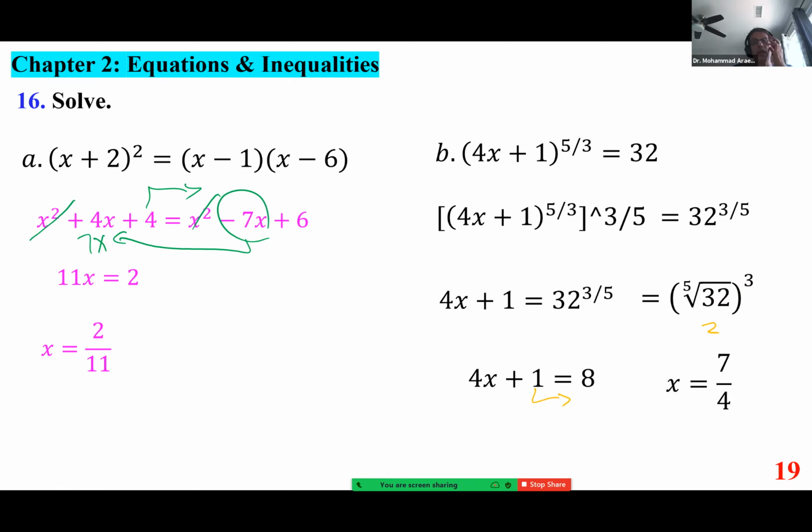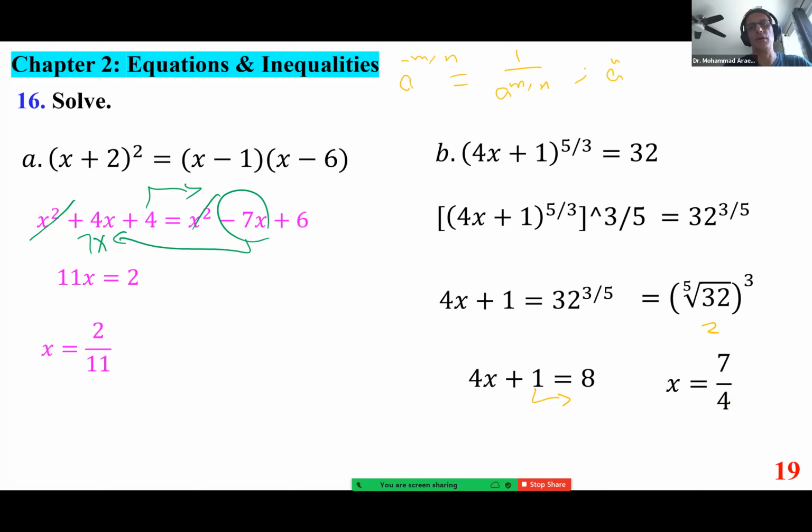That's the answer. What I want to write for you is the following formula. A to the power of minus m over n is 1 over a to the power of m over n.